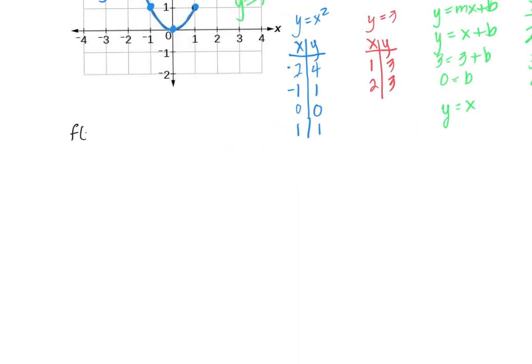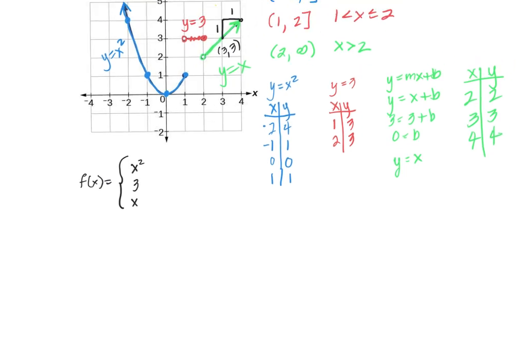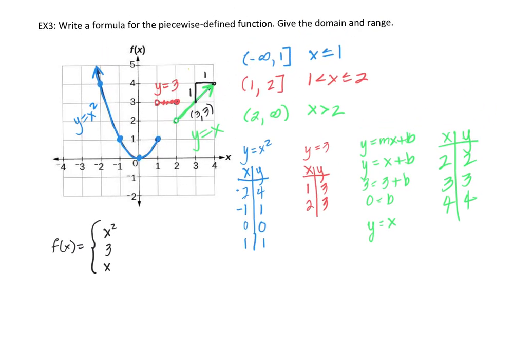This will be f of x equal to, the first piece was x squared. The next piece was 3, and the last piece was x. For x squared, going back to our intervals, it was x less than or equal to 1.